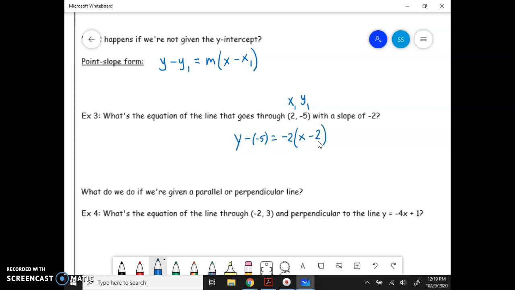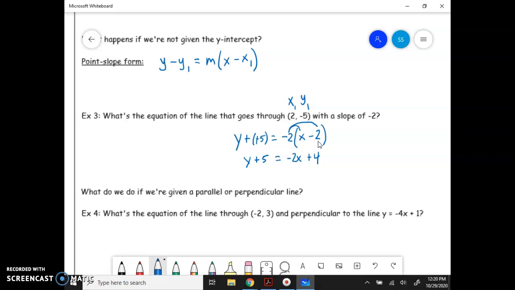So let's see, first thing I should do is distribute. Negative 2 times x is negative 2x. Negative 2 times negative 2 is positive 4. Let's go to the left side here. We've got y minus a negative. That's the same as adding a positive. So why don't we just call this y plus 5. And we just want to get all the constants on one side together.